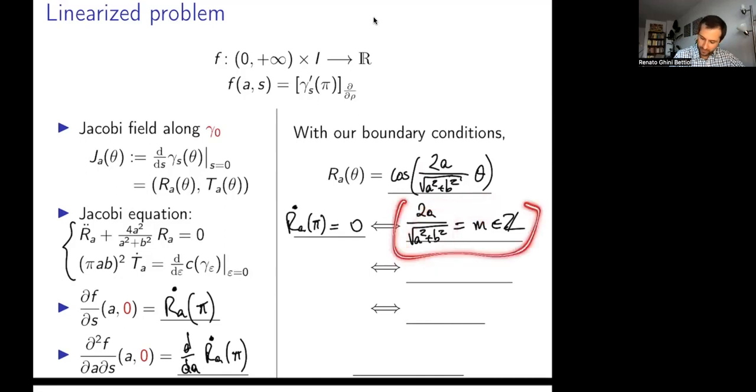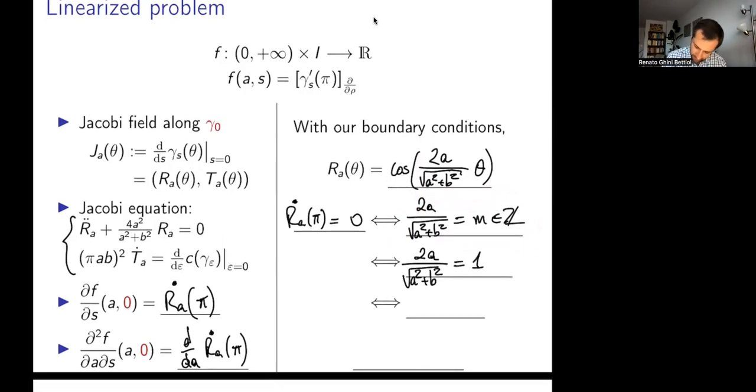So the only way this is an integer is if it is equal to 1, since a and b are positive. So that's the same thing as saying that 2a divided by square root of a squared plus b squared is equal to 1. And then you can solve this, and you see that this is only when a is equal to b divided by square root of 3.